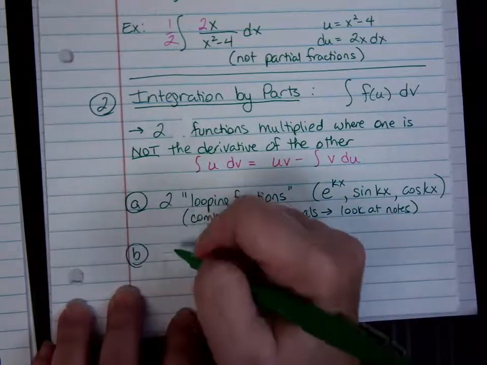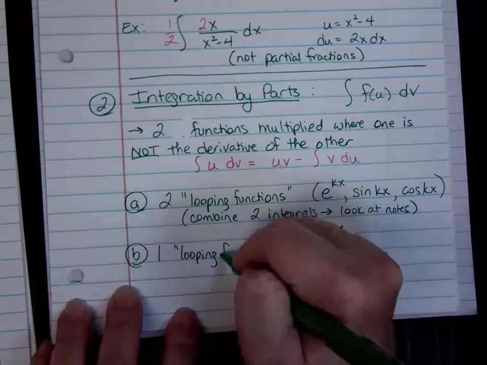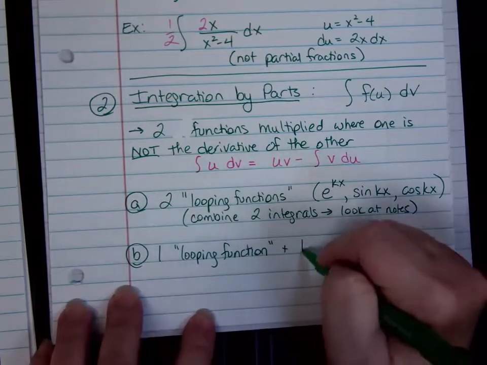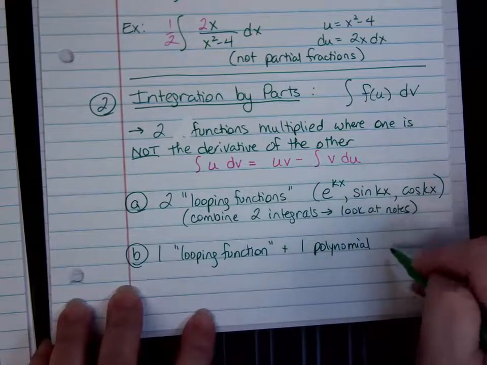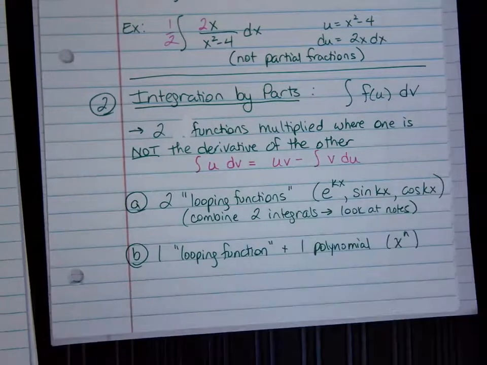Version B is one looping function plus one polynomial function, which is x to the power of n, where you have x to the, 5x squared, 3x, 2x to the fifth, something like that. More of a power function scenario.